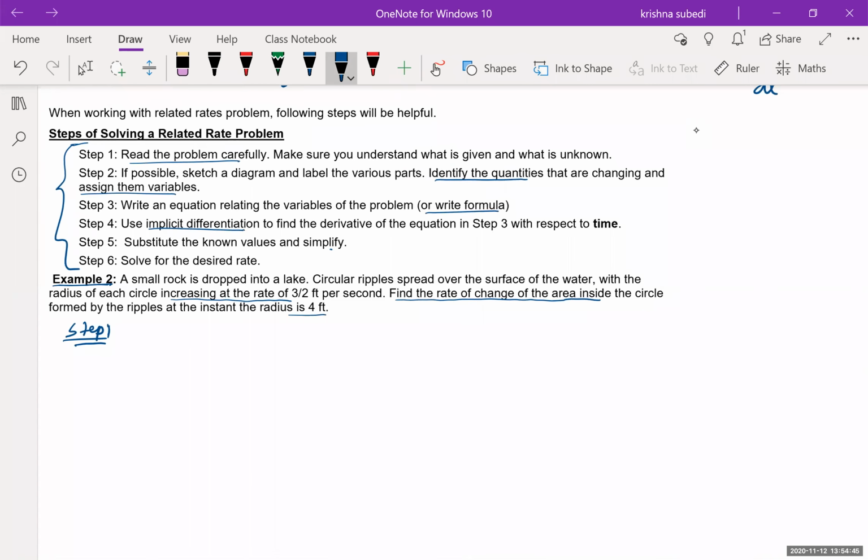So let us draw a diagram. It's a circle and the radius is r. Let r be the radius.